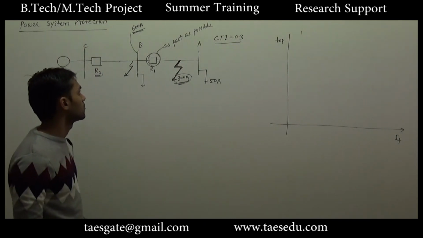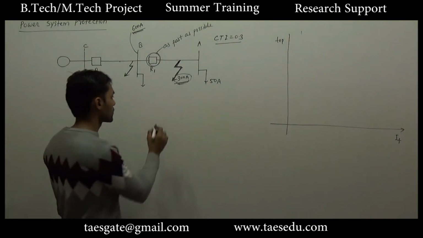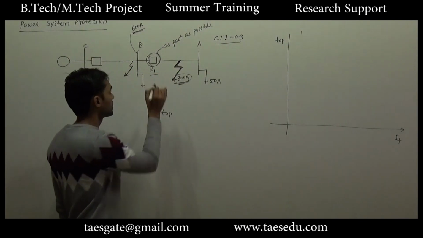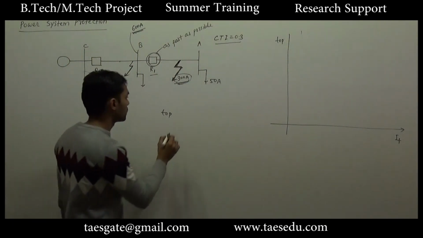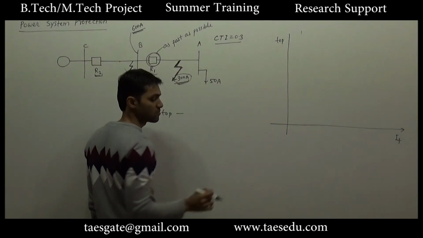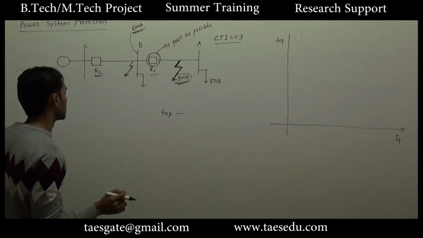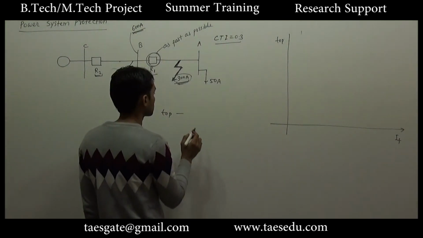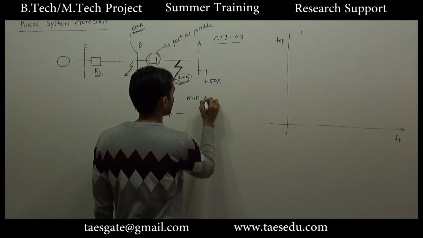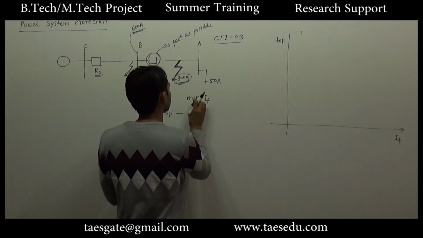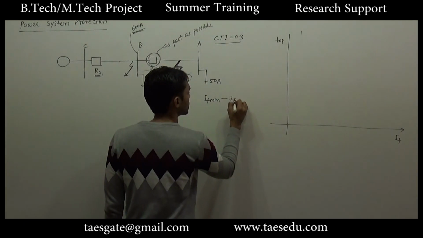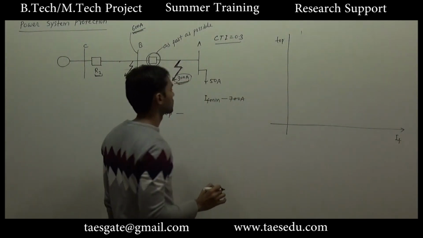So first we found the operational time of relay R1 for the maximum fault current of bus A. The minimum fault current I took as 700 ampere.